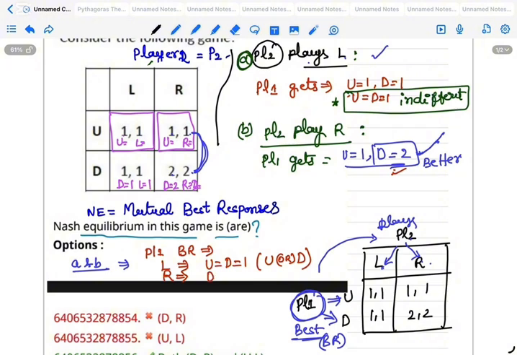D equals 2, so D is better. This is the first response.